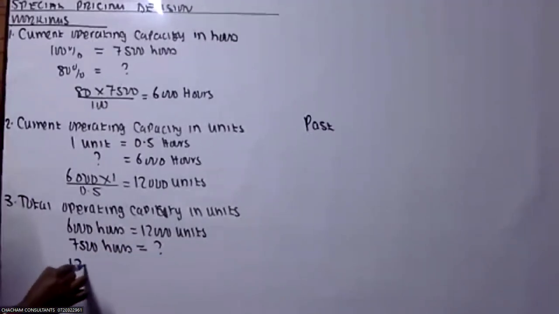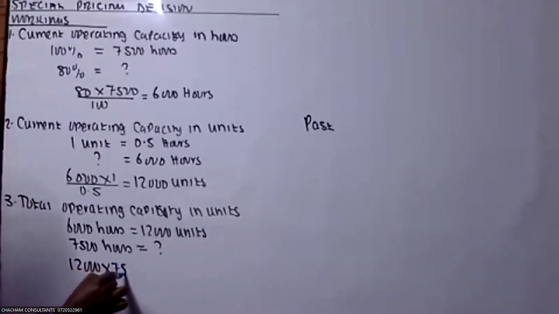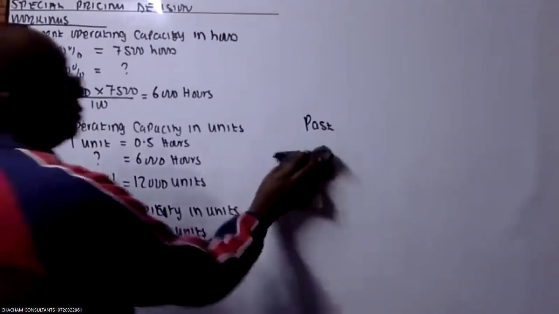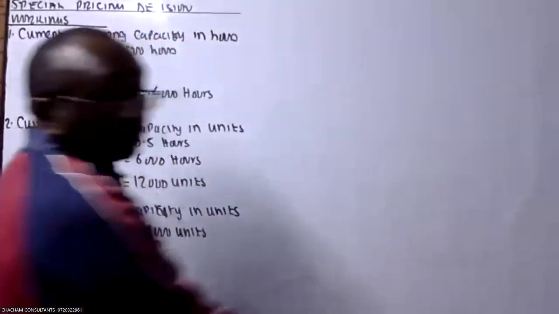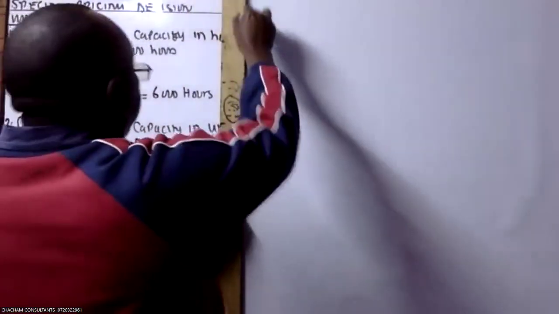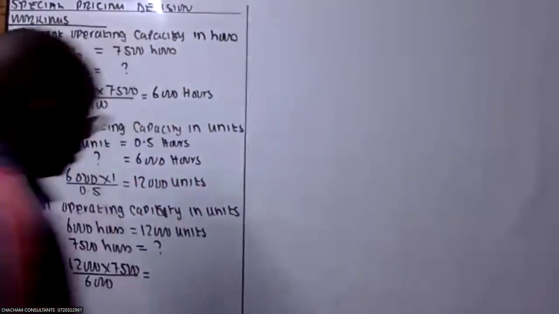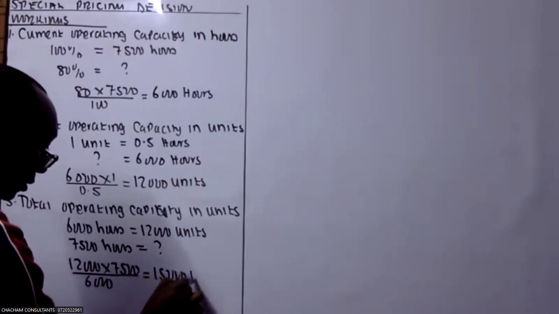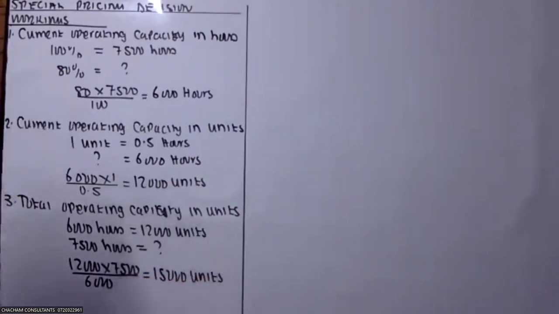This turns to be 12,000 times 7,500, divided by 6,000, which is 15,000 units. So that is the total capacity.